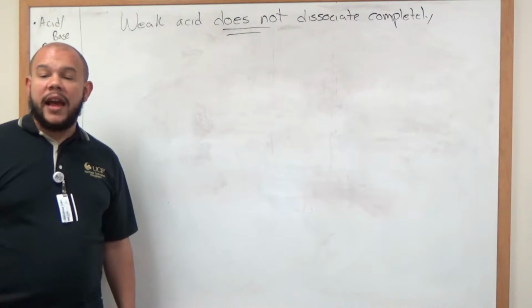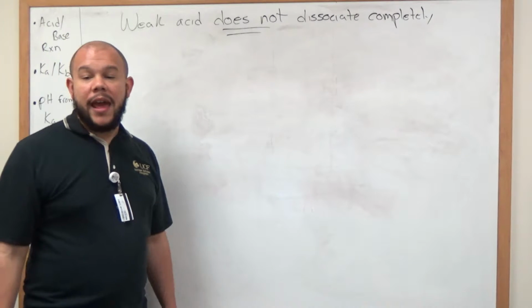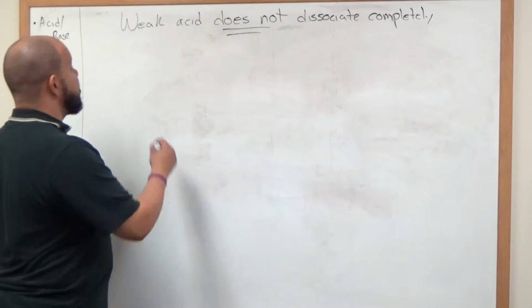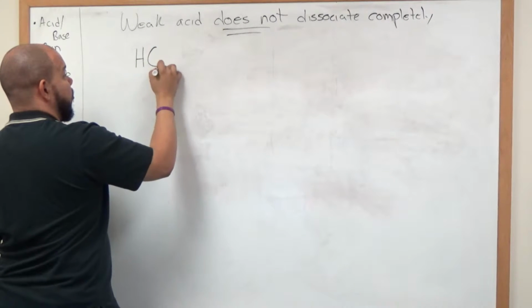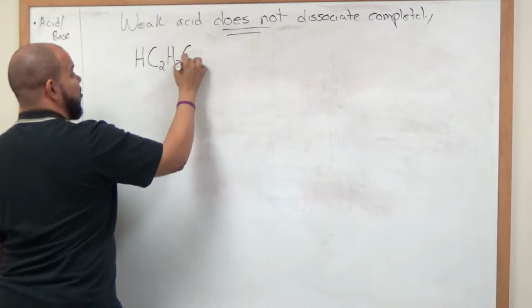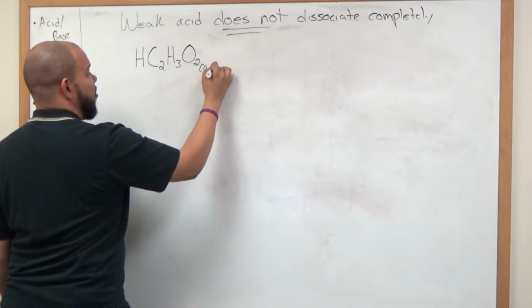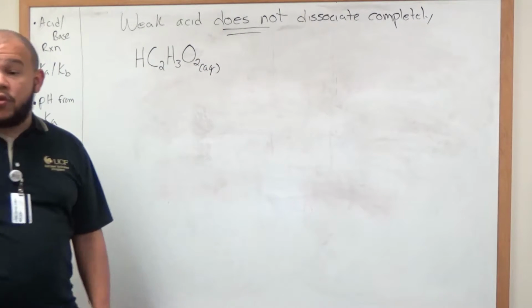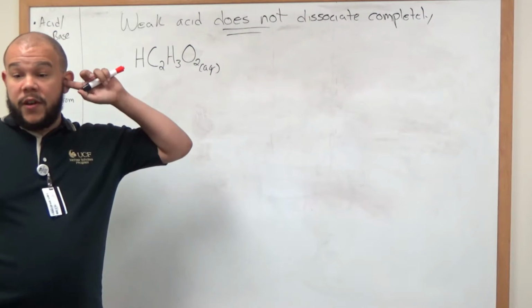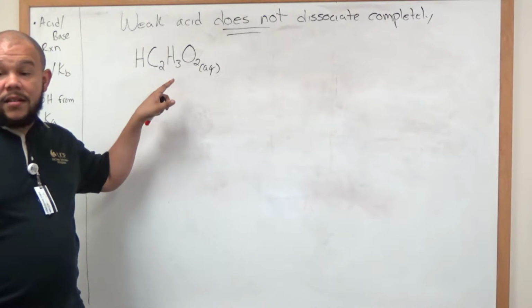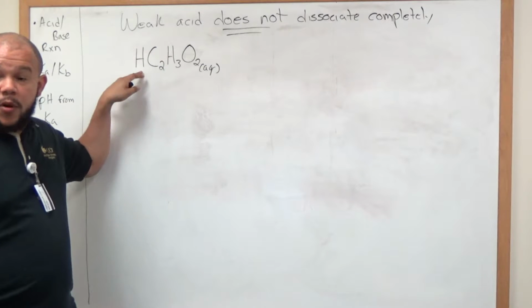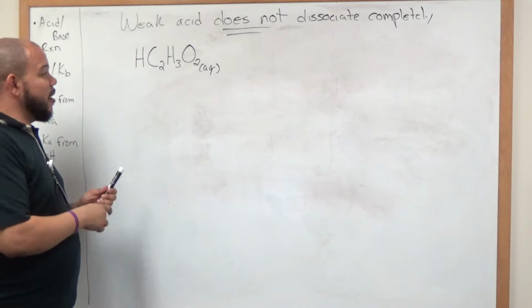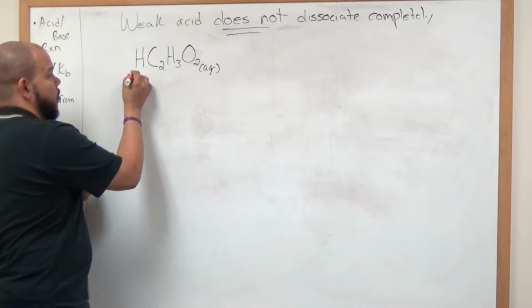So looking at a quick example, let's take a look at acetic acid. HC2H3O2, we work with that in the laboratory. This is vinegar. Acetic acid ends up allowing us to donate this proton. Again, the acidic proton is here.